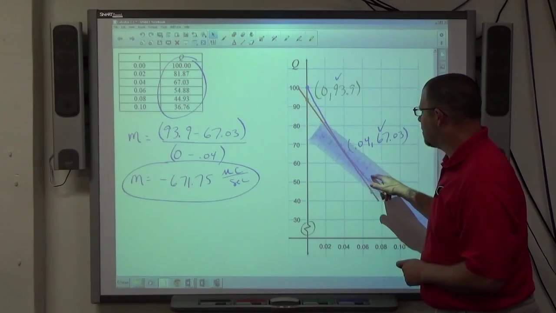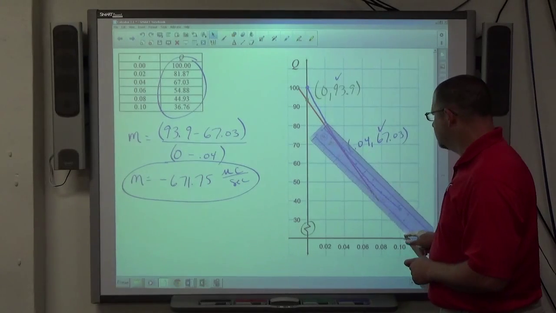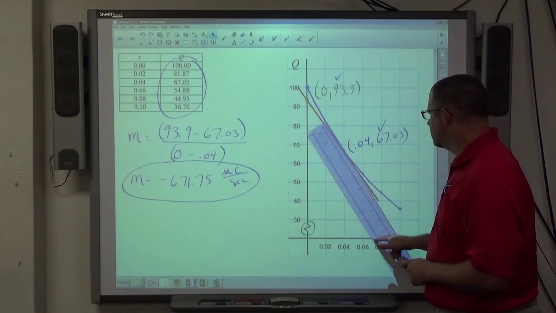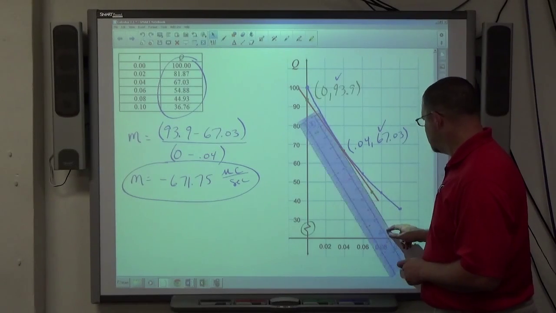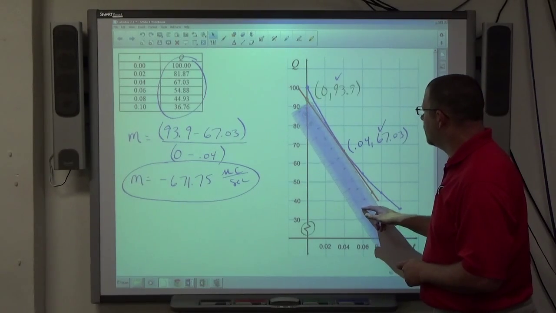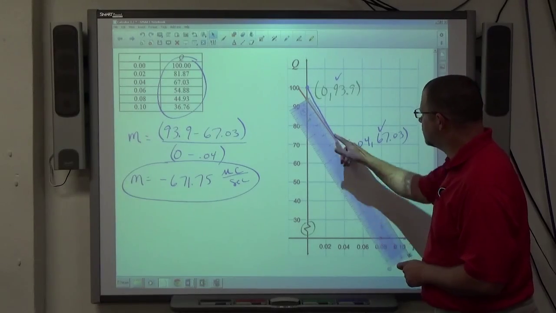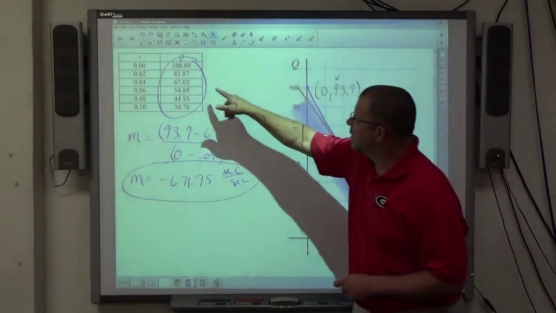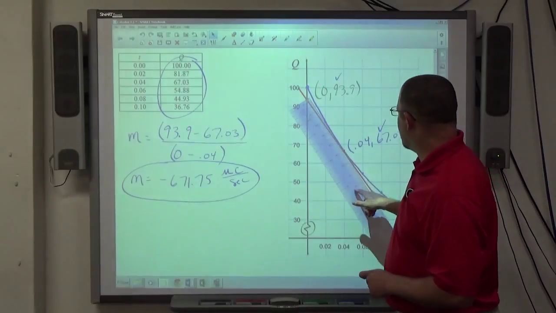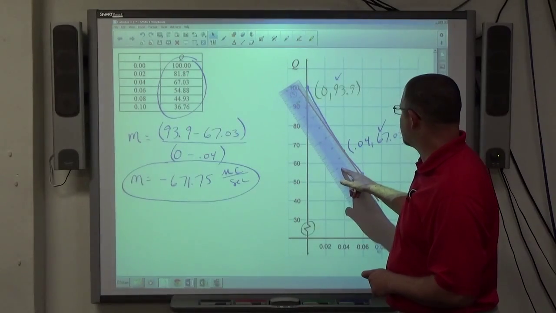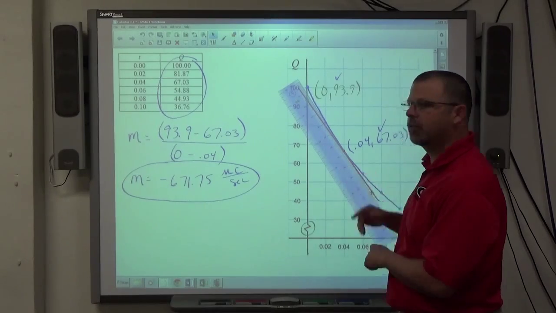Let's see if I can make that happen. That's pretty good. All right, so those two dots right there, dots that I have actual specific data for. Okay, if I draw that line, let's take a look at it. That's not going to be the tangent, is it? Because it's curved twice.